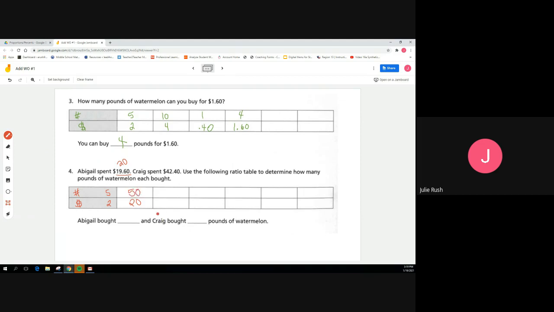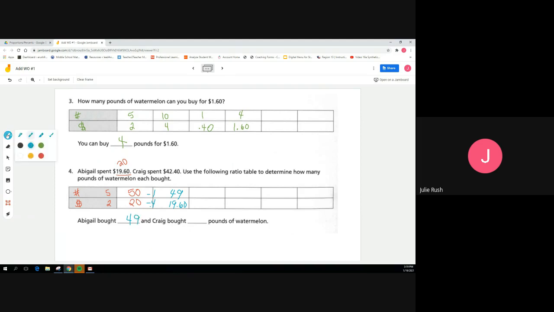All I have to do is take away my unit rate, right, my 1 pound for 0.4 or 40 cents. This gives me $19.60, and 50 minus 1 is 49.